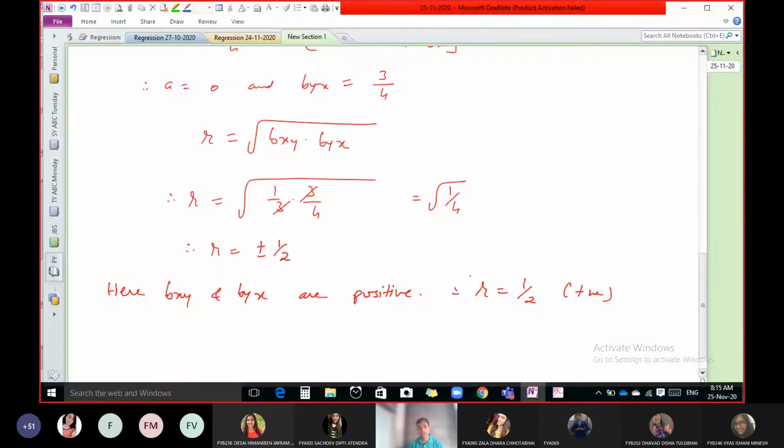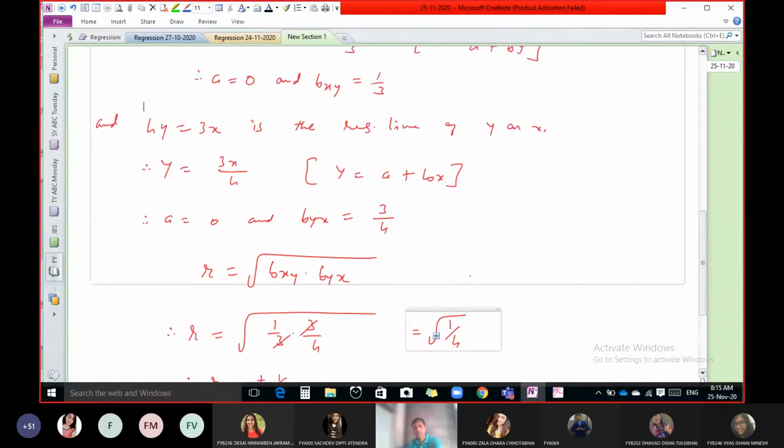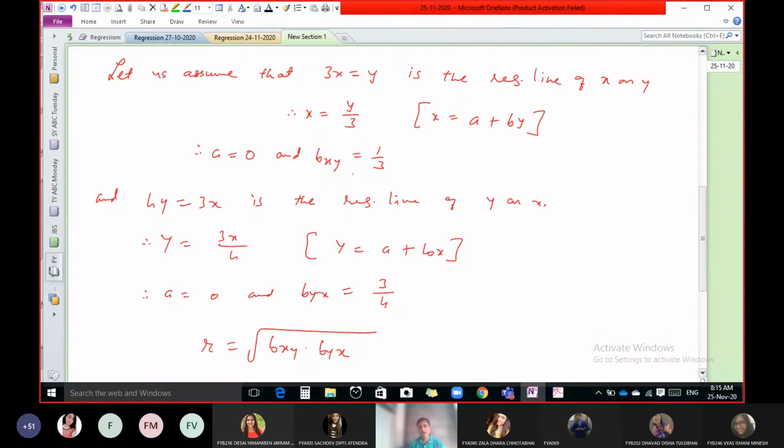By chance, listen carefully. By chance, if we found that r is more than 1, that indicates whatever our assumption was, that is a wrong assumption, and we have to change it. Right now our assumption becomes correct.